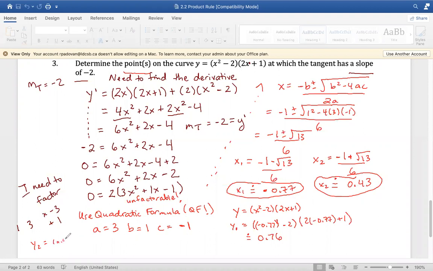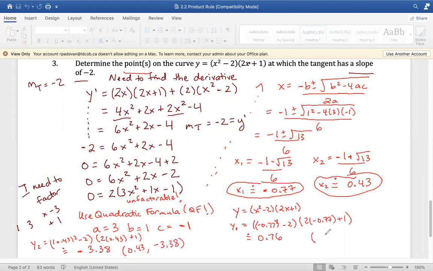So I have 0.43, that's gonna be squared minus 2, all in brackets, and then multiplied by 2 times 0.43 first, and then add 1, and then multiply those two answers by each other. And when I type in 0.43 for x, I end up with a negative, roughly, put the dot on top, 3.38. So this point, the x value was 0.43. The y value is negative 3.38.